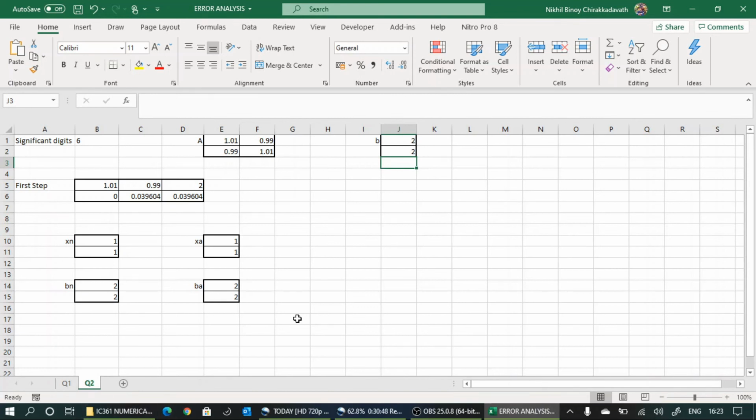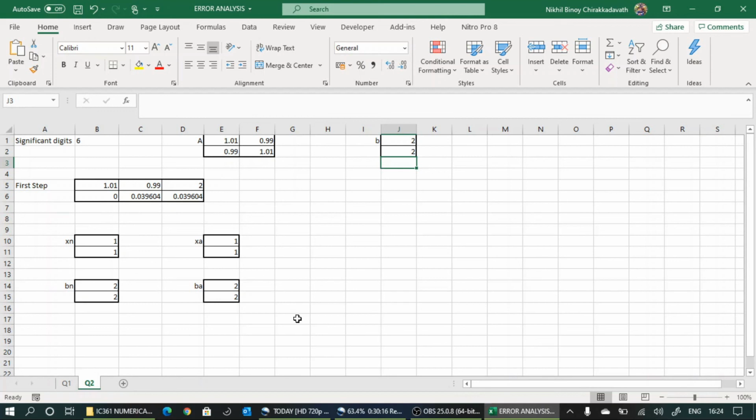Okay. So how to check that, or how to identify this type of system? For this purpose, a term called the condition number is used. Condition number means norm of A into norm of A inverse.